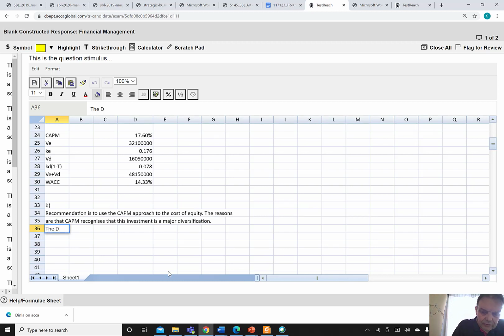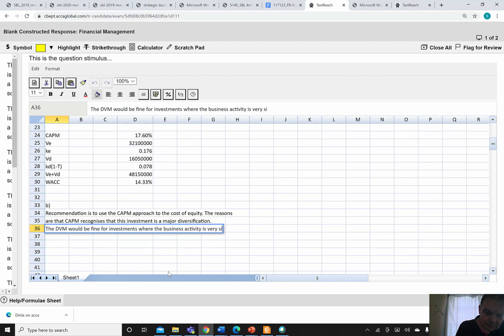The dividend valuation model would be fine for investments where the business activity is very similar to the company's normal activities.